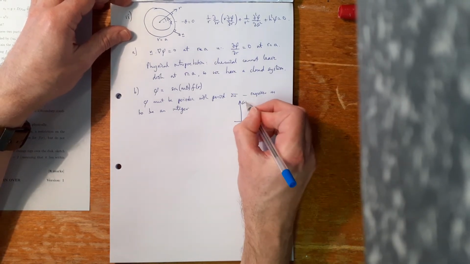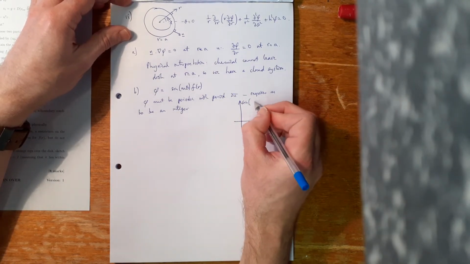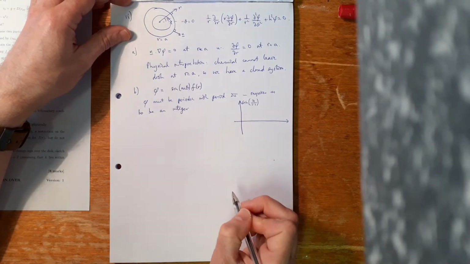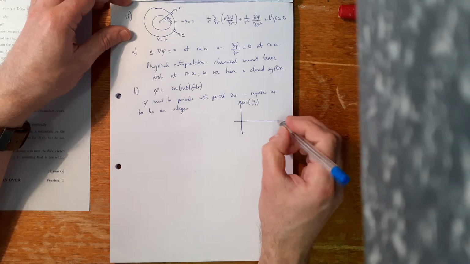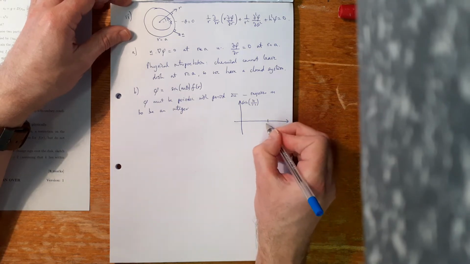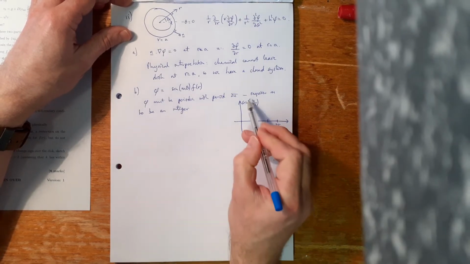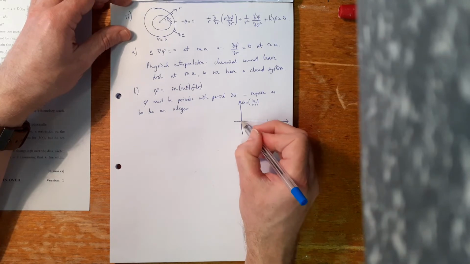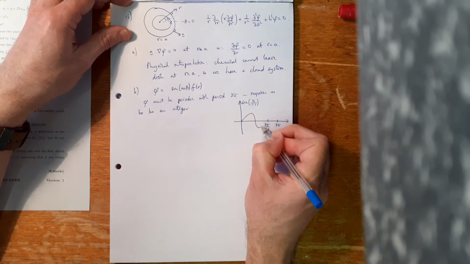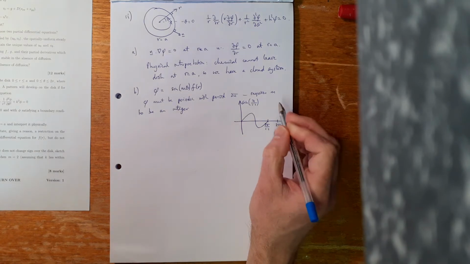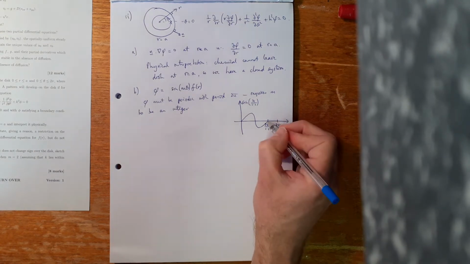Supposing I sketch sine of x over 1.1, let's say. Then what does sine look like? Well, here's 2 pi over 1.1, slightly less than 2 pi, and there's 2 pi. So sine of x over 1.1 will do something like this. It comes back and repeats itself when you get to 2 pi over 1.1. This is x here, and then it carries on.